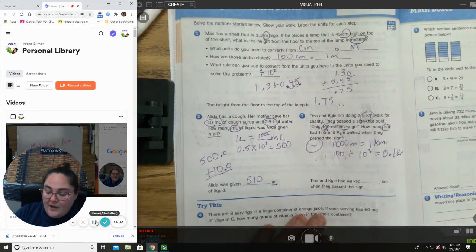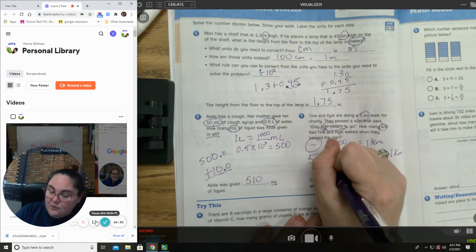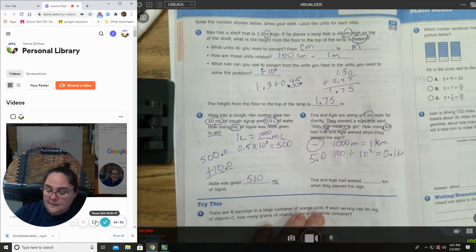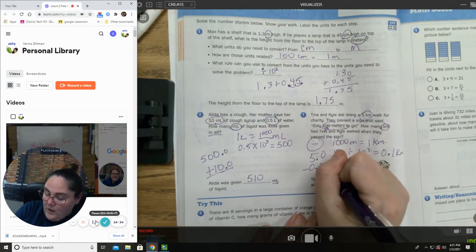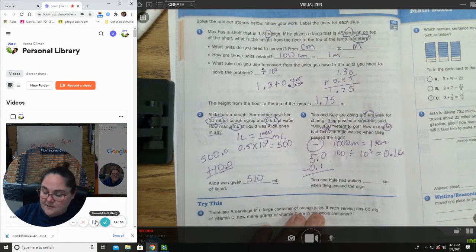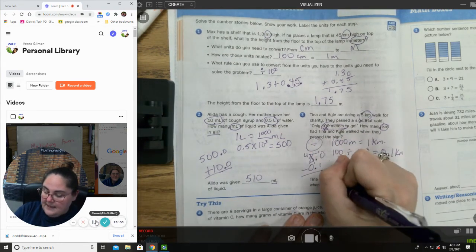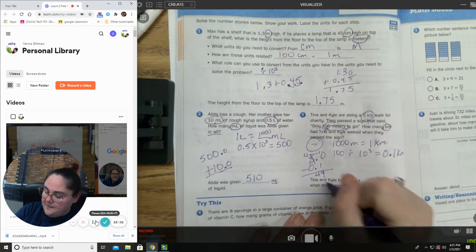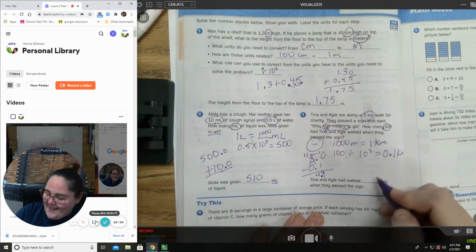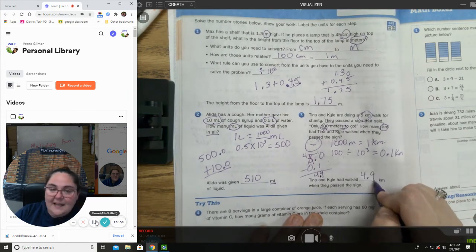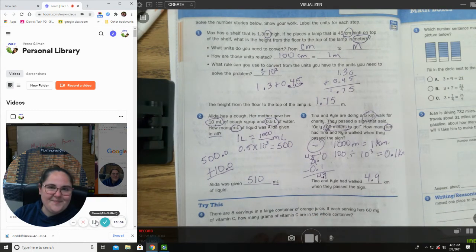And now I can subtract. So 5.0 kilometers, that's the 5K, minus 0.1 equals what? Well, 5 turns to a 4. 9. 4 minus 0 is 4. Don't forget your decimal. 4.9 kilometers. There you go.